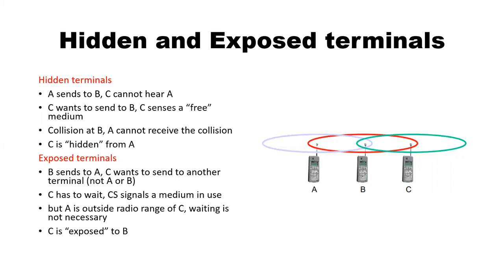Since C is not aware of A's transmission, for C, A is hidden.